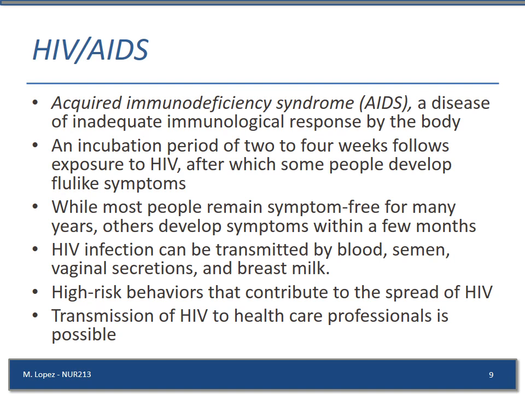Important to note too, transmission of HIV to healthcare professionals is possible, but we have standard precautions, universal precautions outlined by the CDC and OSHA, so that has helped with reducing the healthcare transmission, but still it is a big risk for us. We'll talk more about that in class.